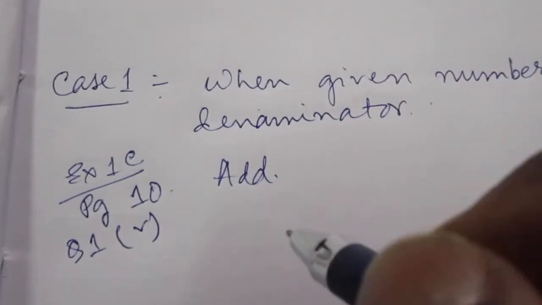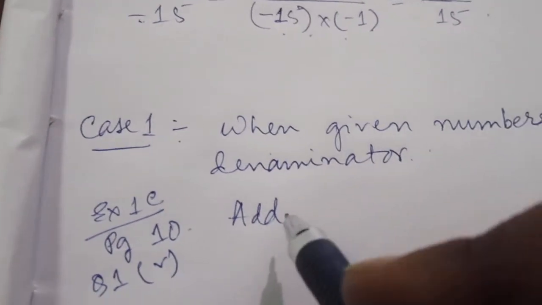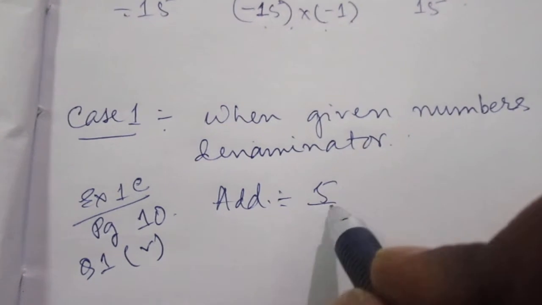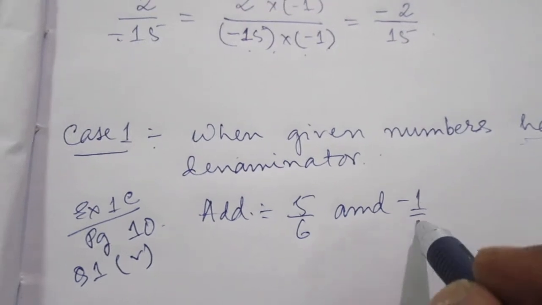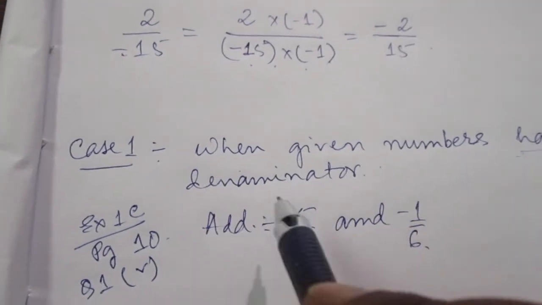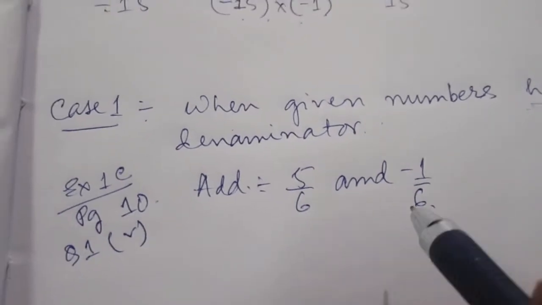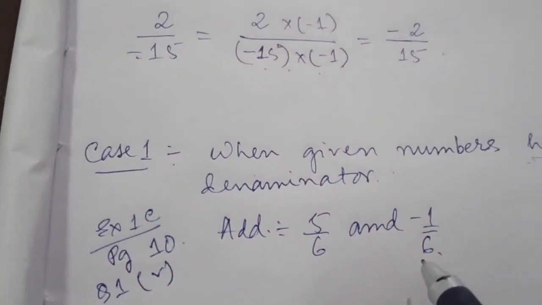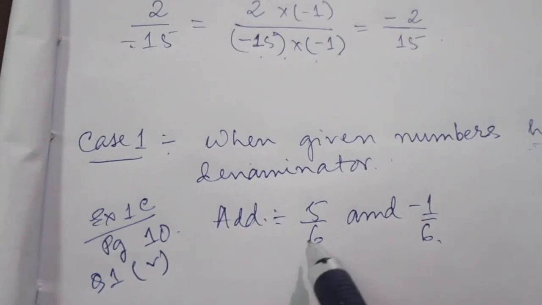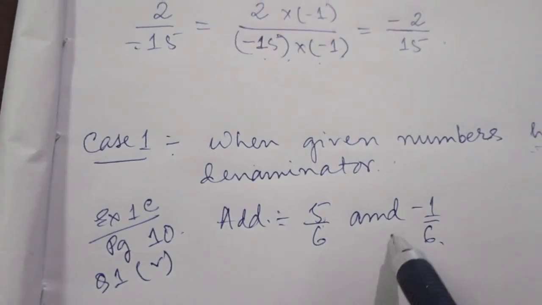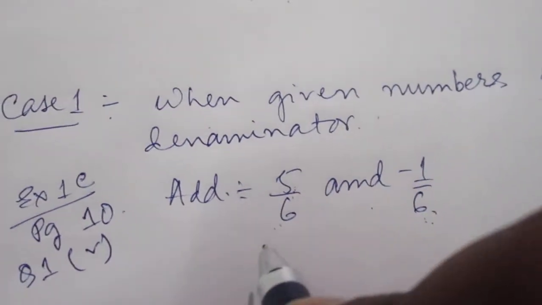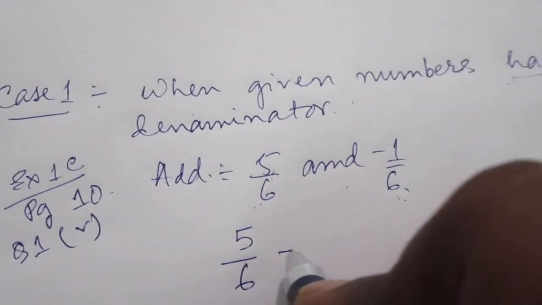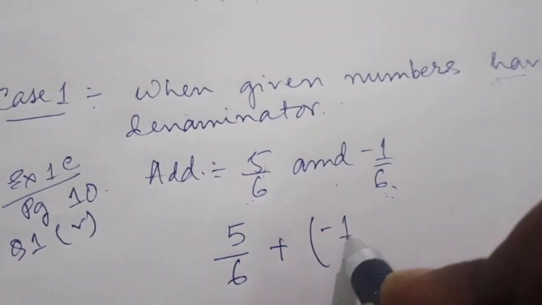So add 5 by 6 and minus 1 by 6. In this type of case we have the same denominators, 5 by 6 and minus 1 by 6. So how can we add this? We write 5 by 6 plus minus 1 by 6.